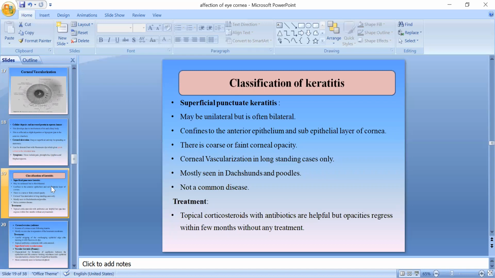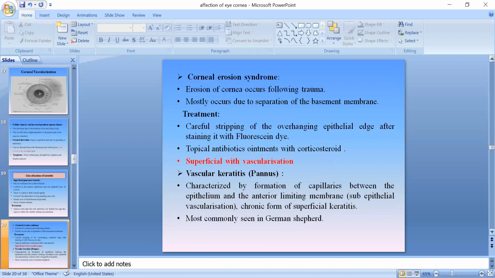How can we treat it? According to the situation, if there is a need for corticosteroid with antibiotic, then you should prescribe it. Corneal erosion syndrome: erosion of the cornea occurs following trauma, mostly due to separation of basement membranes.